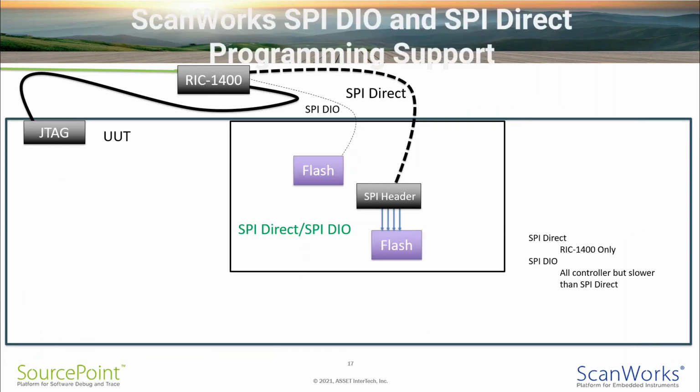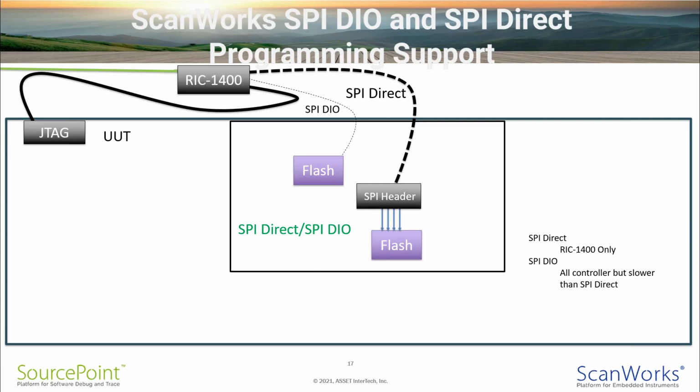SPI Direct and SPI DIO are two unique means of programming flash devices that are not in the boundary scan chain. However, it's up to the customer to enable the connectivity and create the cable fixturing that is required for either of these solutions. Not often do we see SPI headers due to board real estate constraints, but some customers have them.